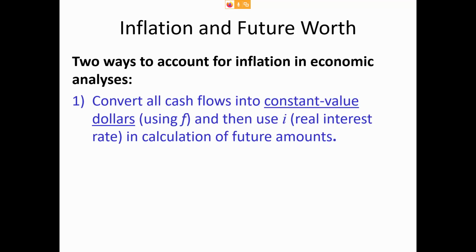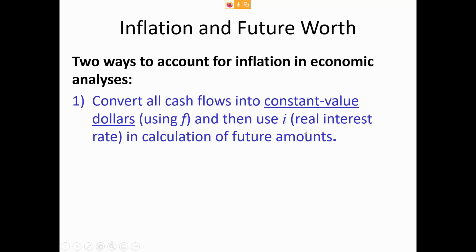And then for whatever real interest rate you want to achieve, the I that we're talking about is what rate of increased purchasing power you hope to achieve with this business or investment opportunity you're embarking on. So you'd separate out the two variables. You'd discount the amounts to the present at F, and then do further calculations using the real interest rate I.